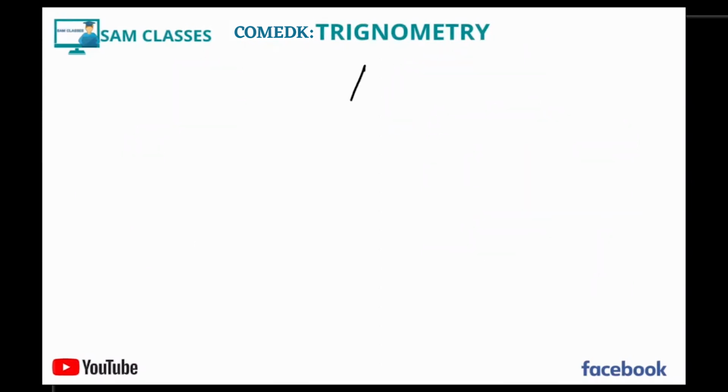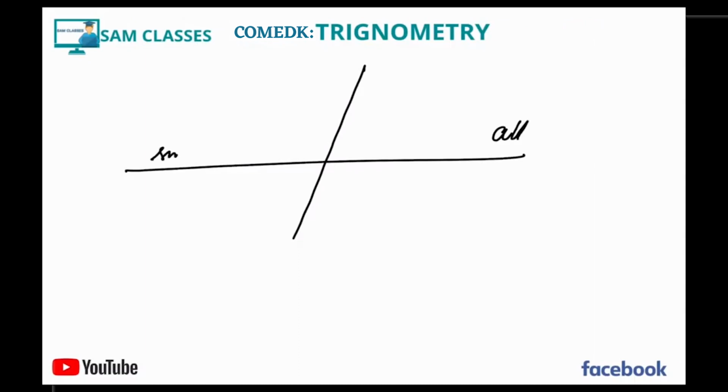Now let's see what about using all ASTC, all sine tan cos. So how will we find out? It's very simple. This is my 0 degree, this is my 90 pi by 2, this is my 180, this is my 3 pi by 2, 270, and this again is 2 pi, and after this it keeps repeating.